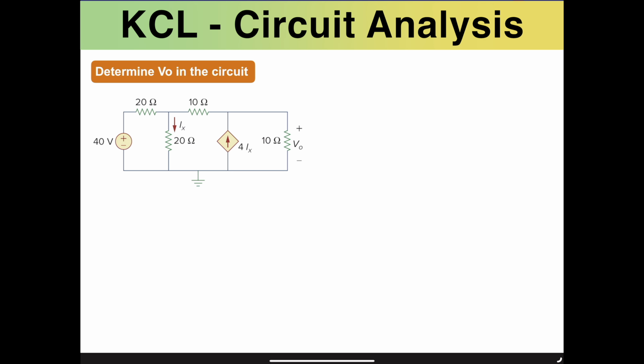So let's move forward and start solving this real-world circuit. We're using nodal analysis, or KCL, and trying to find the VO in this circuit as the question is asking. When reviewing this type of circuit, we could easily find that we have a considerable number of nodes, and these nodes are correlated with currents entering and exiting them.